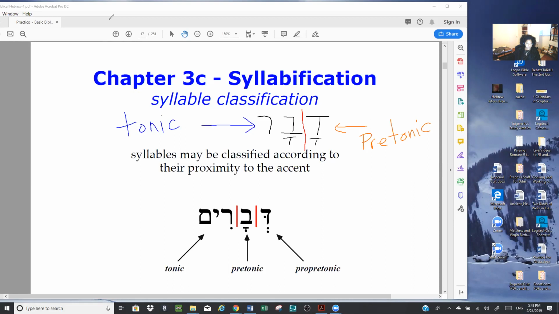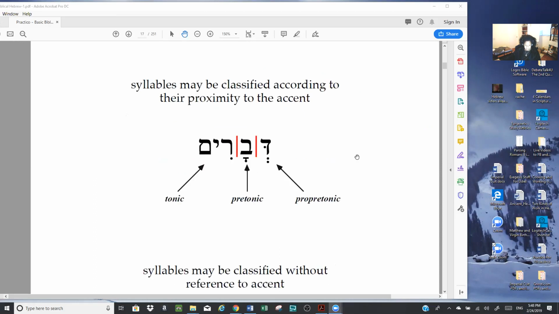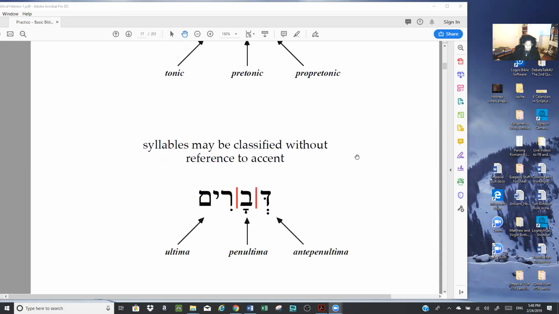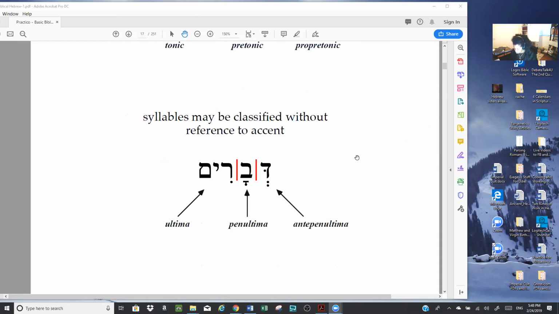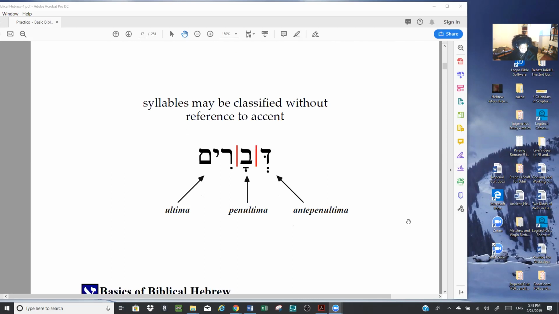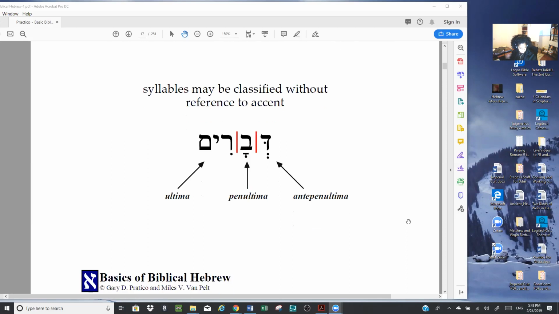Let's clear the screen. What you see here says ultima, penultima, and antepenultima.